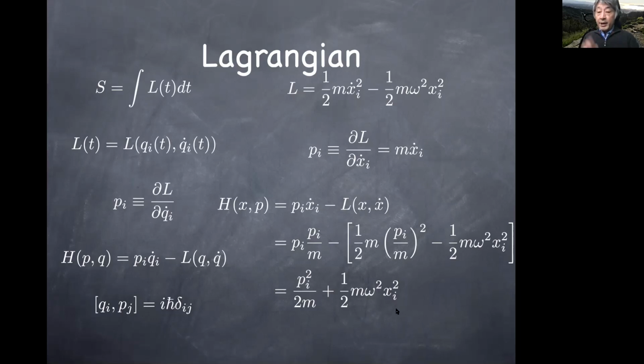So that's something you have seen, I'm sure, many times. And so this is the way you write the Hamiltonian as a function of x and p after eliminating x dot in favor of p. And in the harmonic oscillator, because p is m x dot, now I know what p is. And then you set up this canonical commutation relation between x and p, which is i h bar delta ij.